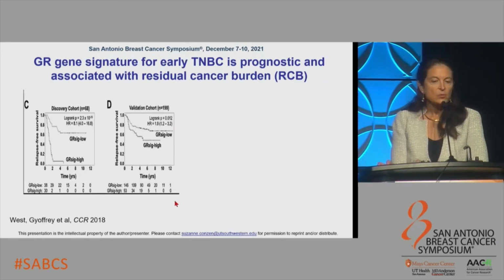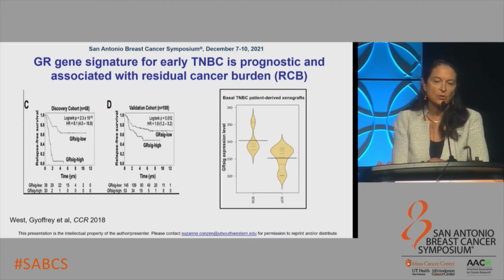Diana wanted to know what gene signatures were available for glucocorticoid receptors. She went back to the drawing board with Balázs Geoffrey from Hungary, and they looked at hundreds of patients. They developed a GR signature, which is either low or high, and divided the patients and found that low GR signature patients did much better. And this was a better separation than just using GR alone. And they then applied this to a new validation cohort.